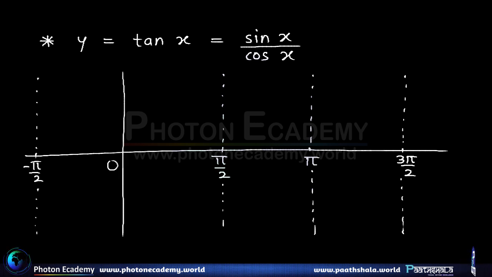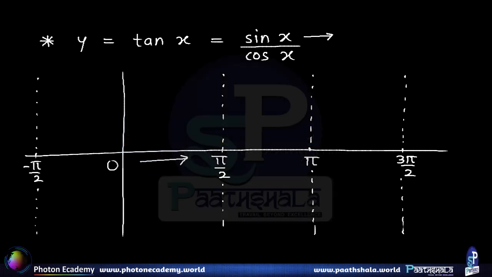Now what happens when the angle increases from 0 to pi by 2? You see that its sine ratio, that is the y coordinate, will go on increasing, whereas its cos component will go on decreasing, because its x coordinate on the rotating vector on that standard circle will go on decreasing.